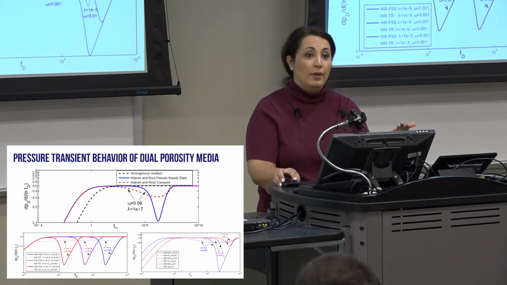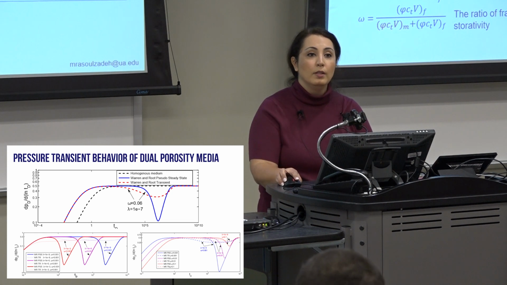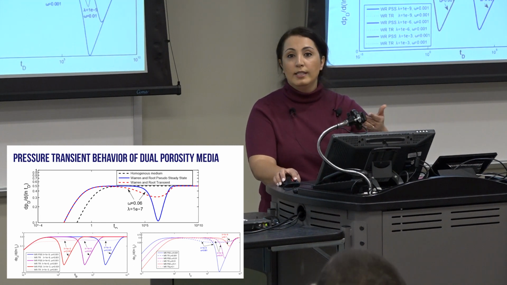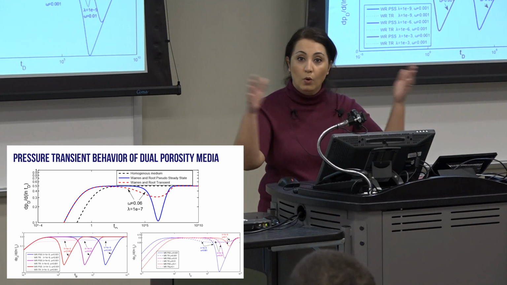I can play with this parameter. Also, another parameter that shows up in the dual porosity model is omega, the volume fraction. I can play with that, and for example, compute the pressure in the whole reservoir.